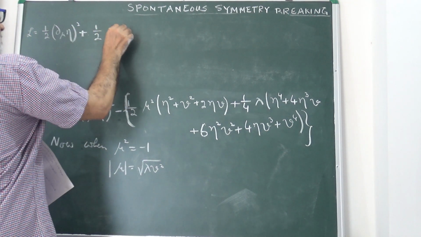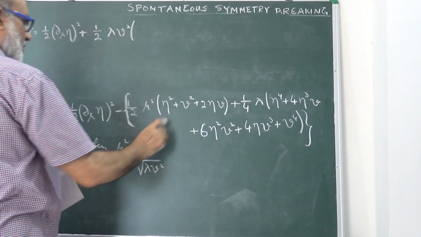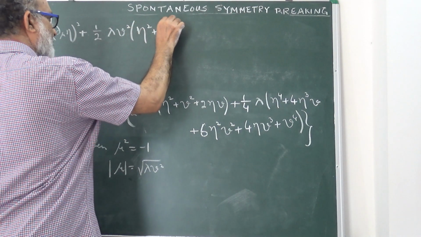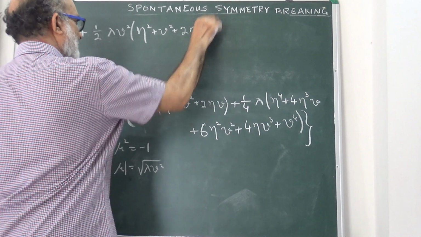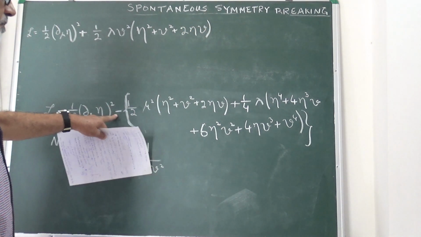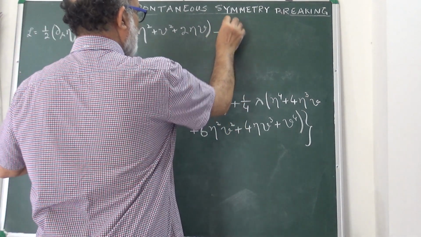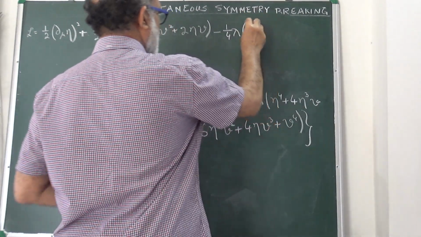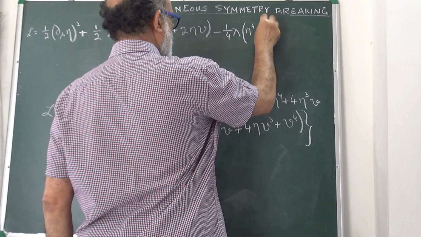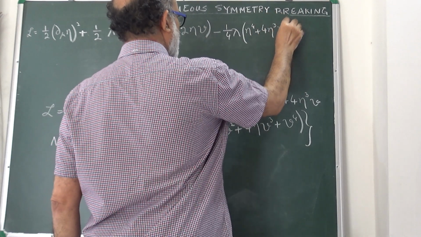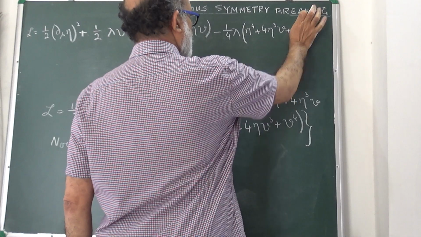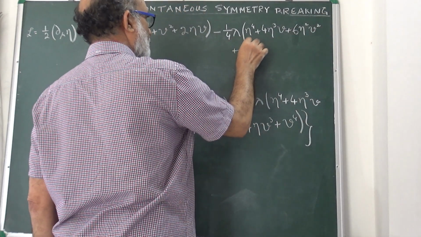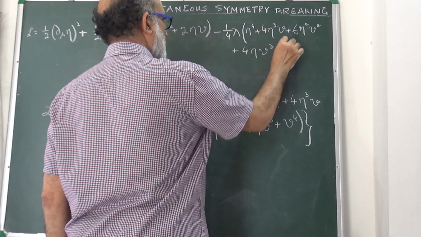So it is half lambda v square, and the minus sign comes here: minus 1 by 4 lambda times the whole thing, eta to the power 4 plus 4 eta cube v plus 6 eta square v square plus 4 eta v cube plus v to the power 4.